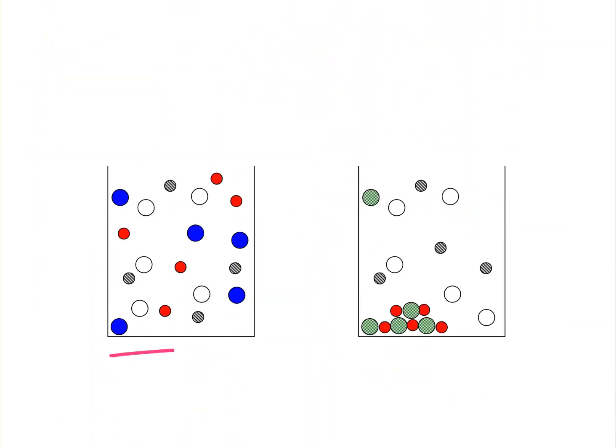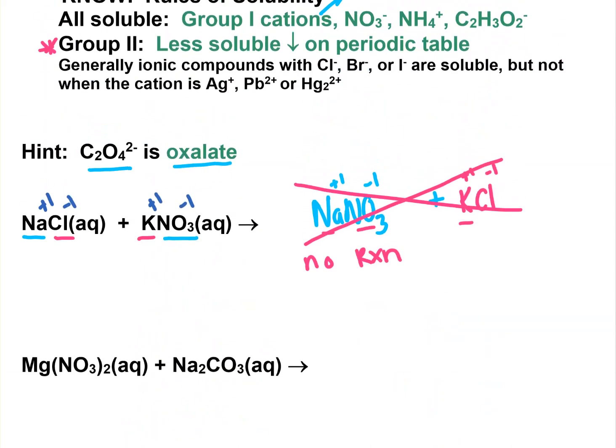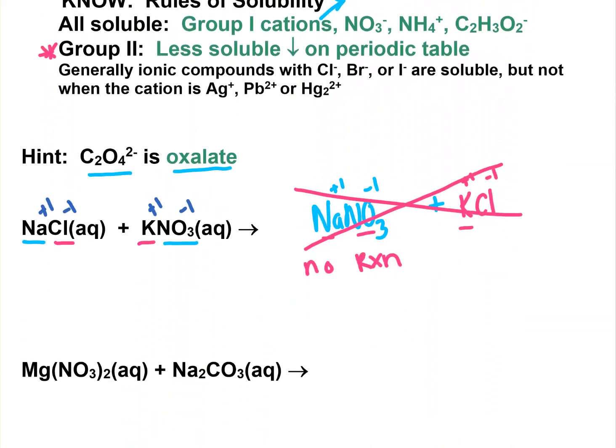We have 4 different ions and nobody's getting together. So that's no reaction. This is a case where you put 4 together and then 2 of them find each other and form a precipitate, and that's why you have a chemical reaction. So on this one, no precipitate means no reaction.